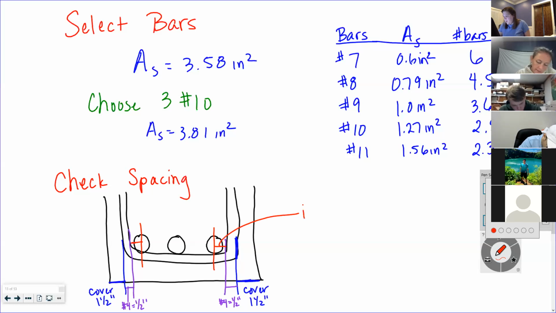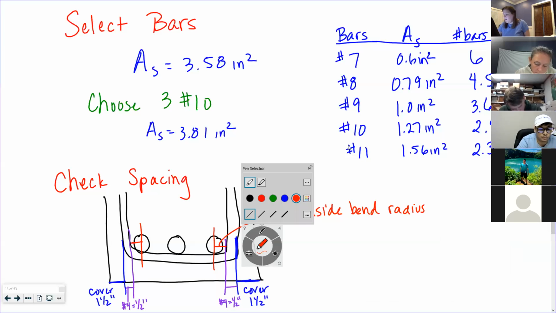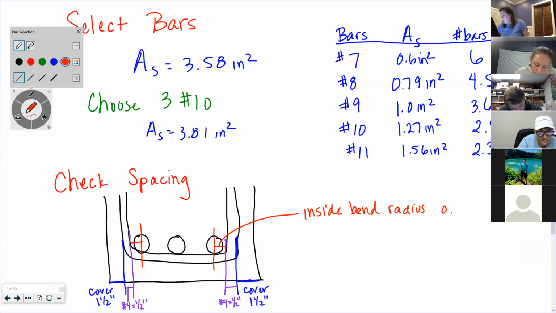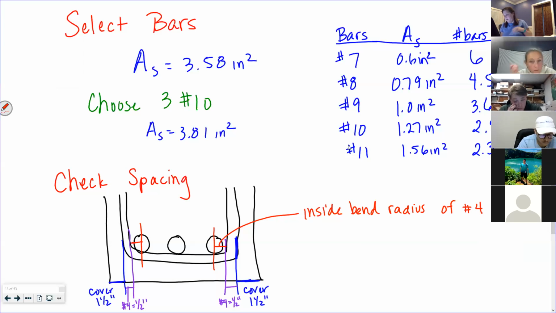So this is the bend radius of a number 4, or it could be 1/2 a radius of a number 10. Or 1/2 a diameter or radius.